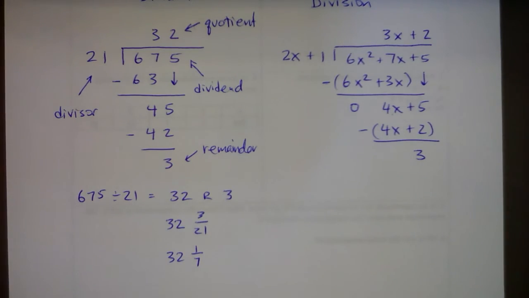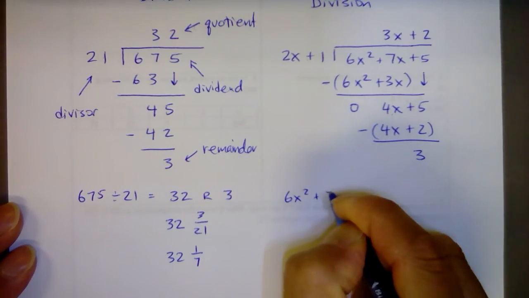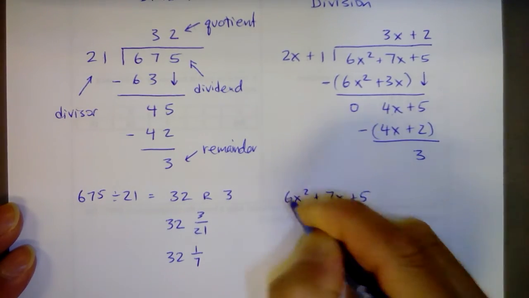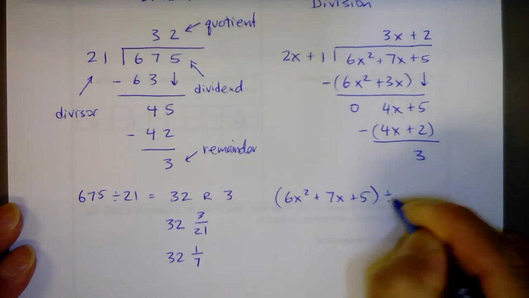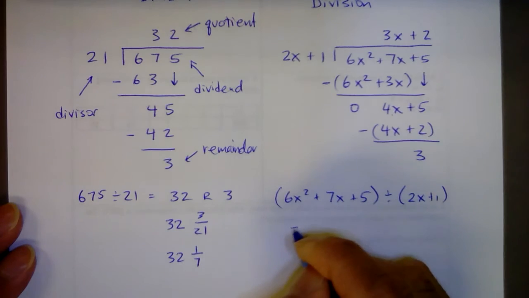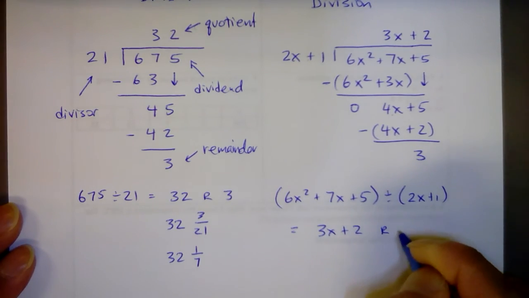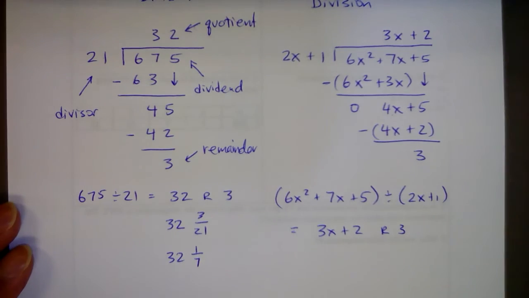In the same way, when we take 6x squared plus 7x plus 5, that polynomial, and divide it by 2x plus 1, the answer is 3x plus 2, you could say with a remainder of 3.